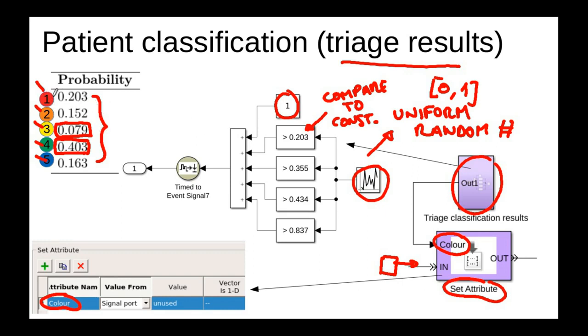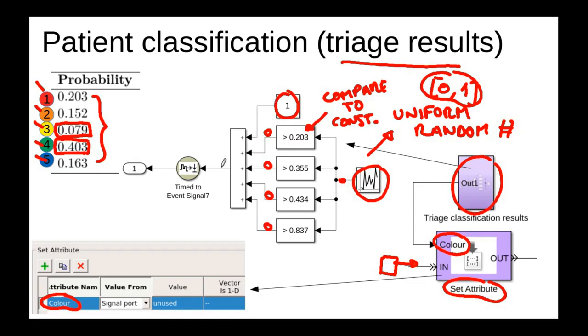for number 1, I have a probability of 0.203. So if this number that has this range from 0 to 1 has a value under 0.203, this will be false, 0, this will be false, 0, false, and false.